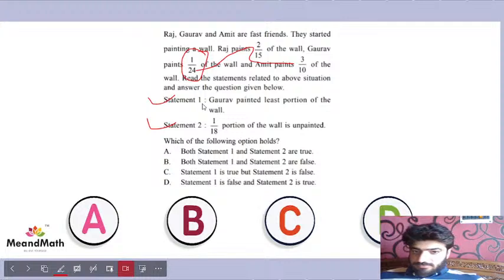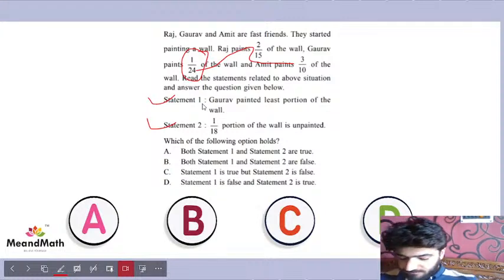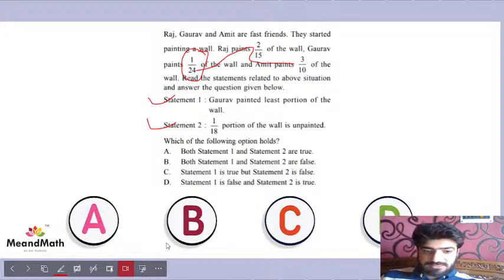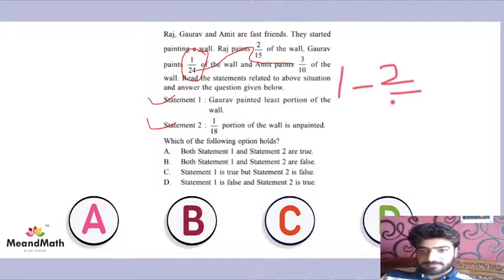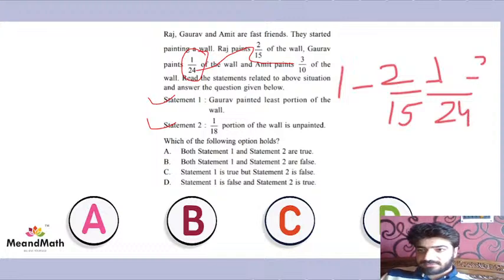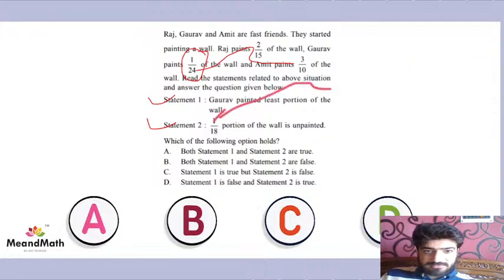And for the second statement, is 1/18 portion of the wall left unpainted? Then you have to subtract. So is 1 minus 2/15 minus 1/24 minus 3/10 equal to this 1/18?